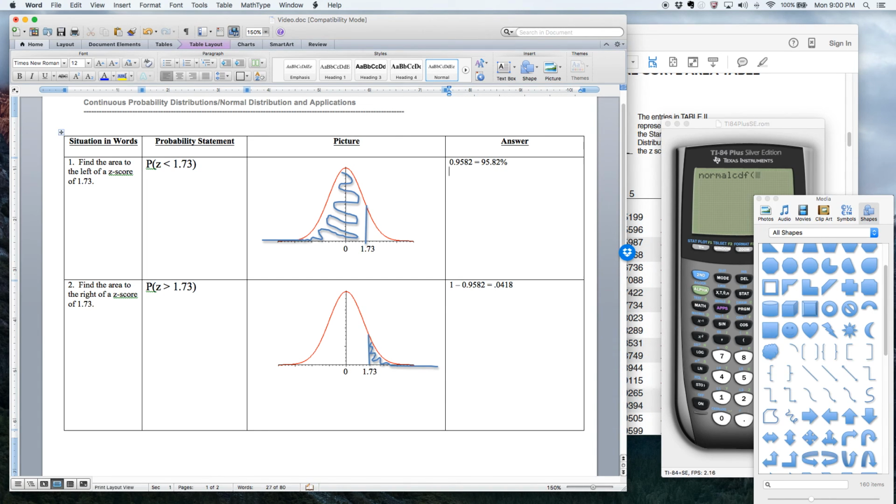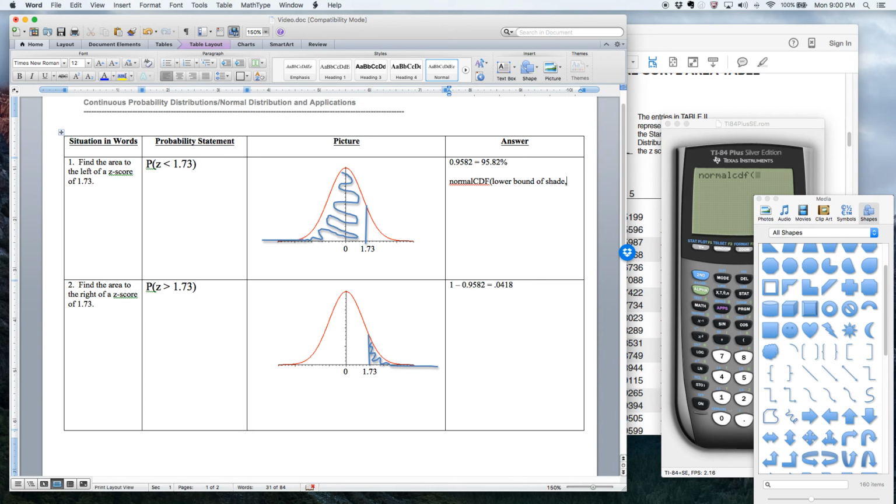All right, so the normal CDF. You have to input this in this order. If you don't input it in this order, it'll give you a wrong answer. So the first input it needs is the lower bound of shade, followed by a comma.